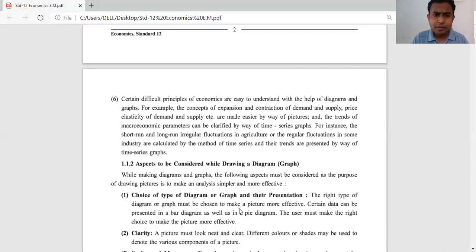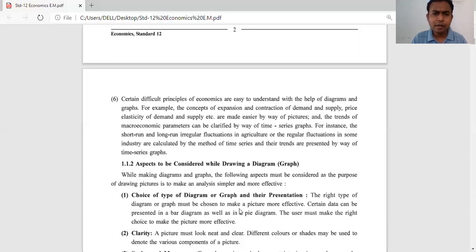If we explain these topics verbally or through paragraphs, it is quite difficult to understand. But when we present the same topics through diagrams and graphs, the reader finds it very easy to understand. Just by seeing the graph, he can understand the information being presented.